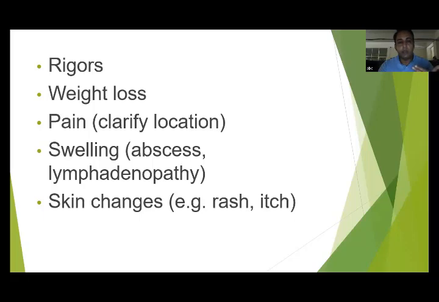Any swelling, abscess, soft tissue involvement. If the patient has lymphadenopathy, think about viral infections such as Epstein-Barr virus, mononucleosis, tuberculosis, even leishmaniasis and sarcoidosis. There is a long list of causes for lymphadenopathy, which you will see, and hopefully you will learn all of them.